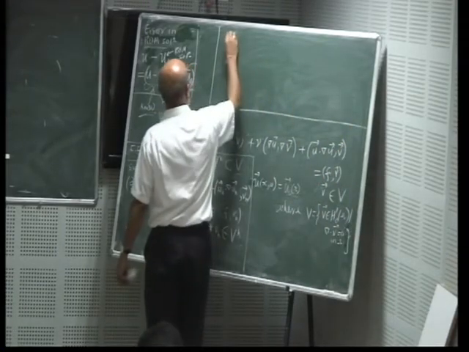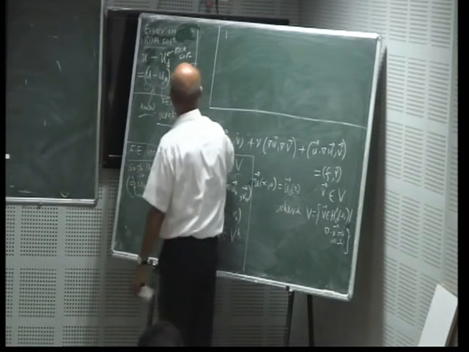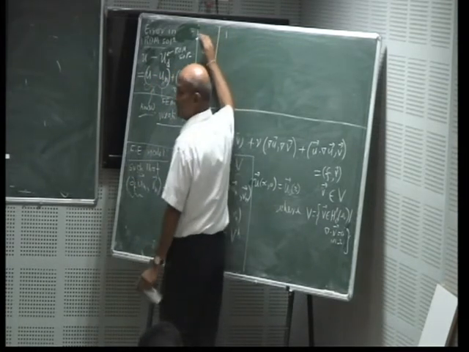So let's use, to discretize this time derivative, for simplicity, a backward Euler scheme. Okay.